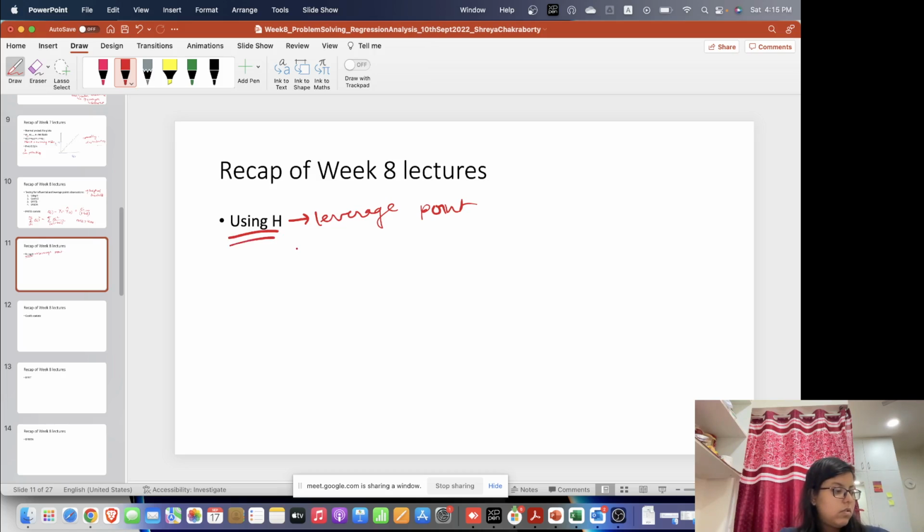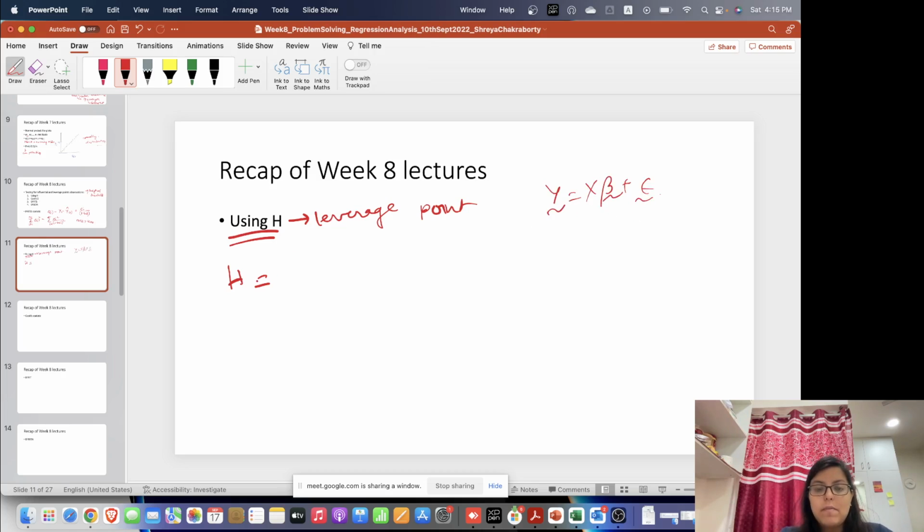The hat matrix, as we all know, comes from the model y equal to x beta plus epsilon.